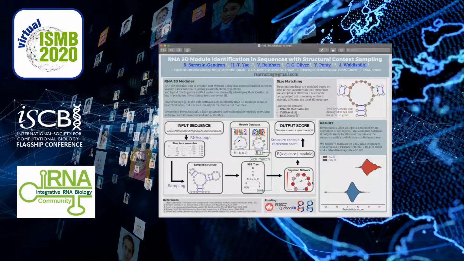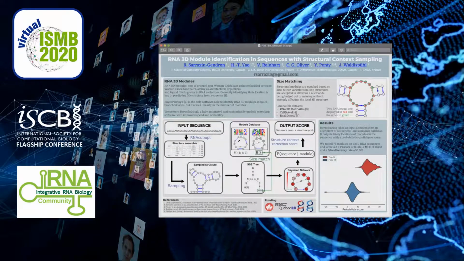So the idea of this Bayesian network is to encode the dependence relationship between partners of a base pair. So if I have a canonical base pair and I know one of the nucleotides, I can infer the other nucleotide. So the idea here is just to encode those relationships for all types of interaction. And then this allows us to store all the sequence information of the module.